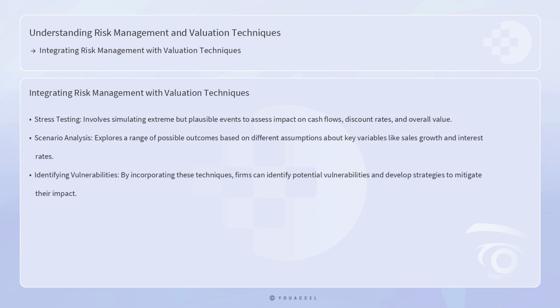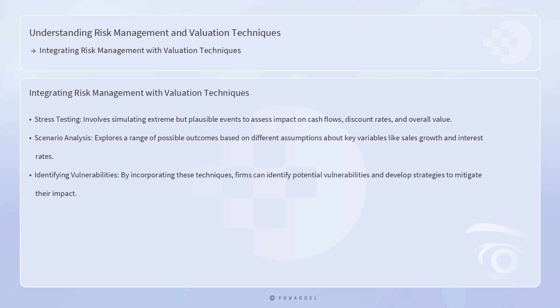Stress testing and scenario analysis are also integral to integrating risk management with valuation techniques. These methods involve simulating various adverse scenarios to assess their impact on a firm's financial performance and valuation. Stress testing examines the effects of extreme but plausible events, such as economic recessions or market crashes, on the firm's cash flows, discount rates, and overall value.